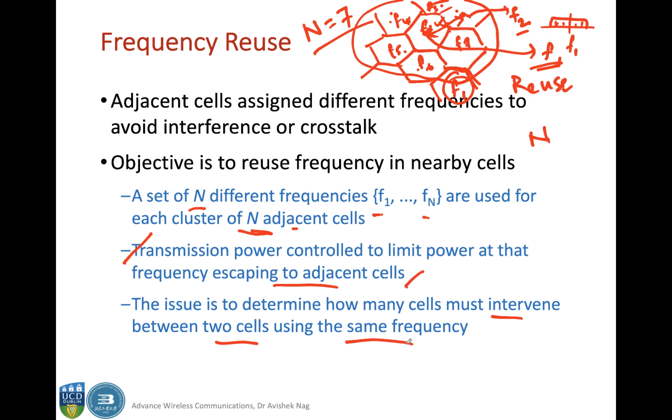Okay, so these are different design parameters that you can use to determine this number n. So there is a trade-off between this n and how many frequencies you have to choose from, and what are these parameters to determine the final n that we can have.